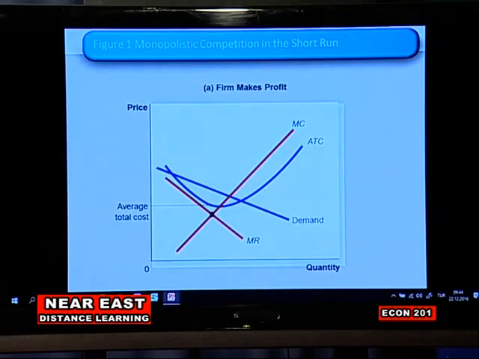Then to determine the cost, at the point of intersection between marginal revenue and marginal cost, we go to the corresponding point on the average total cost curve. That's the cost of production. Then the price is where it is tangent to the demand curve at that particular point.